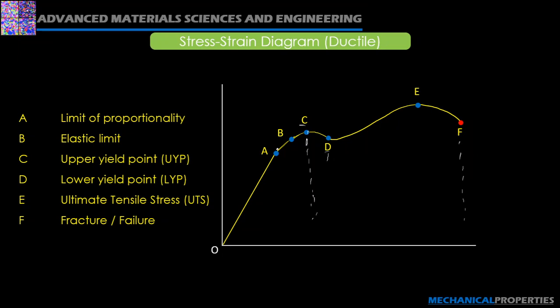Now the designers take this lower yield point as the strength criteria for any ductile material, because this is the minimum value that a material has to maintain, and this is known as the yield strength of the material, denoted by SYT.